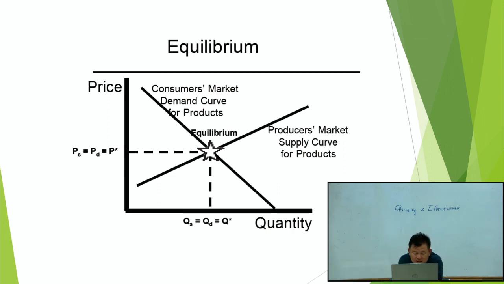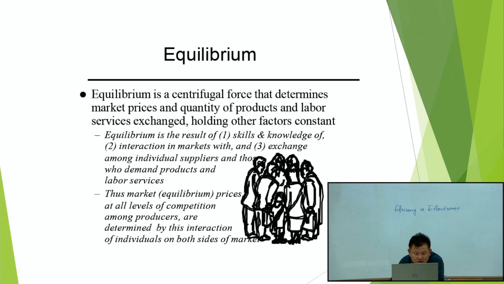And then they meet at one point. That point we call the equilibrium. That is P, the price, and at that time the quantity is Q. It is the equilibrium. So equilibrium is a result of three things.